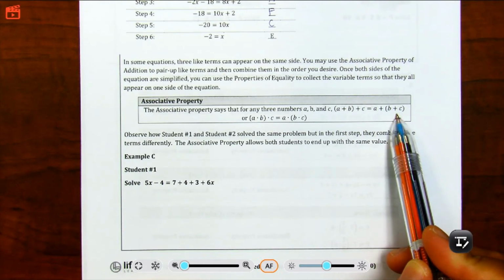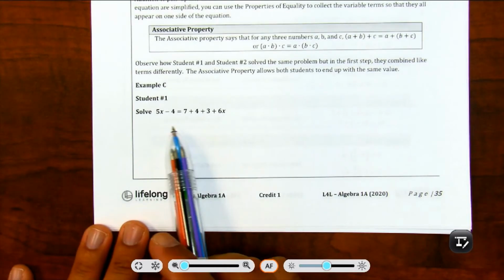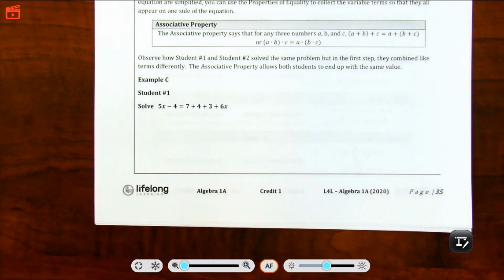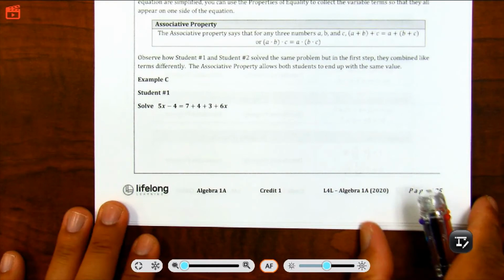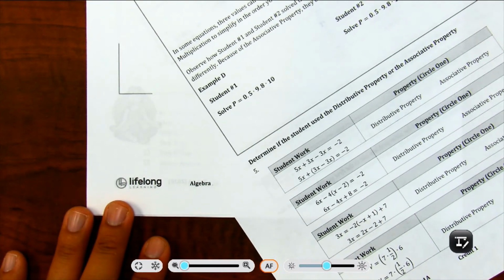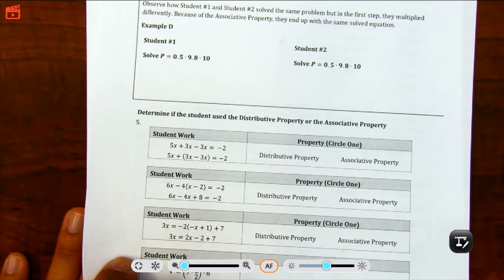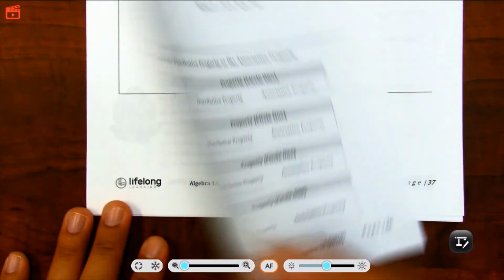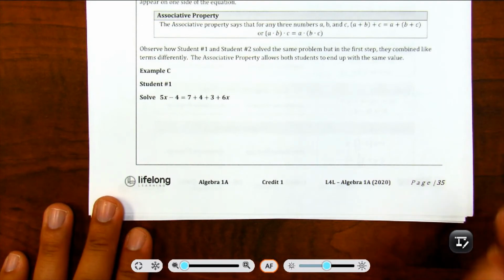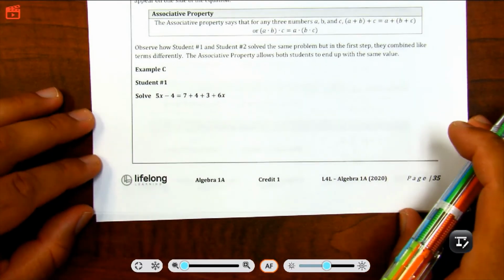And the first example is this part here. Okay, so what I'm going to do is just go through the steps of how to solve this. I'm going to write parentheses around the 7 and the 3.